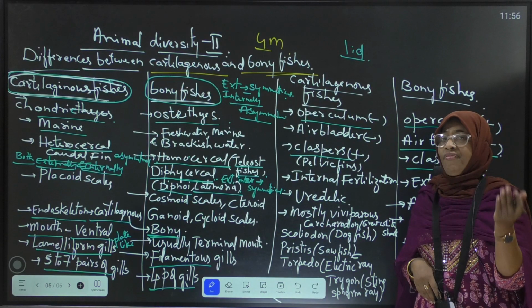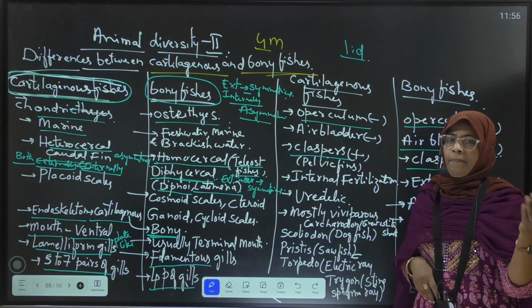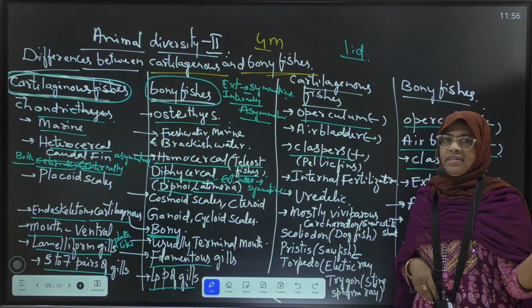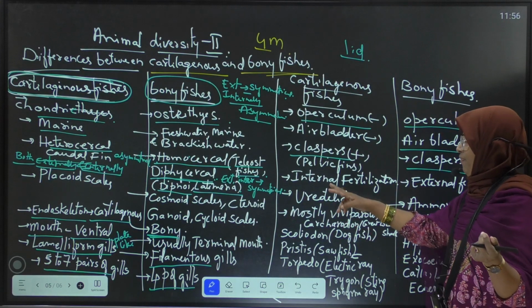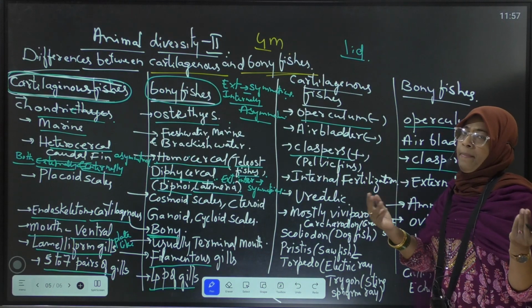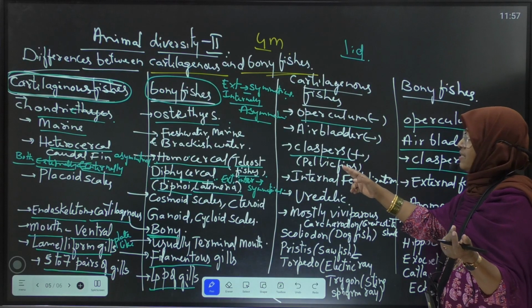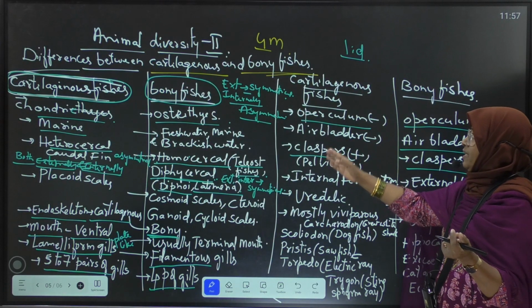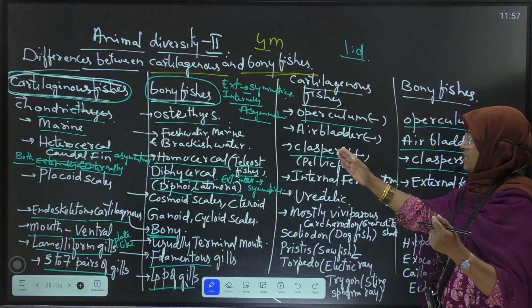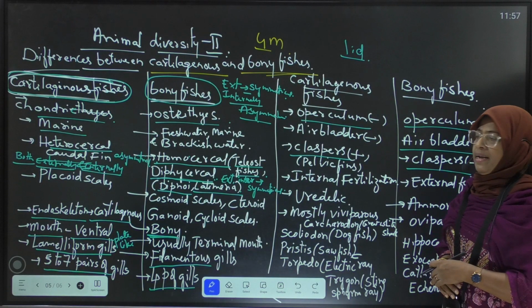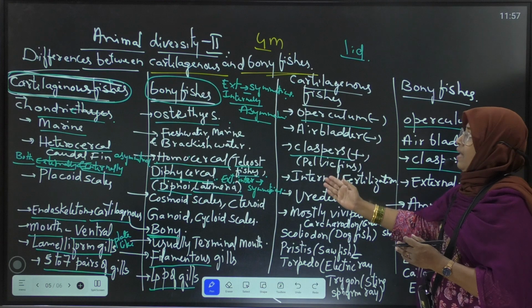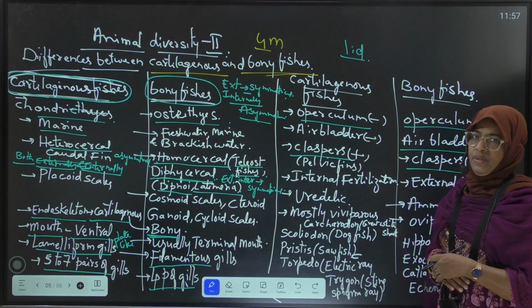Paired fins are pelvic fins and pectoral fins. The pelvic fins consist of claspers in the cartilaginous fishes. Claspers are the copulatory organs.